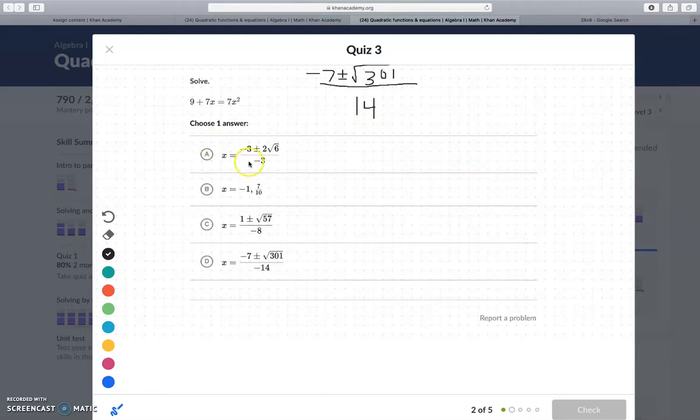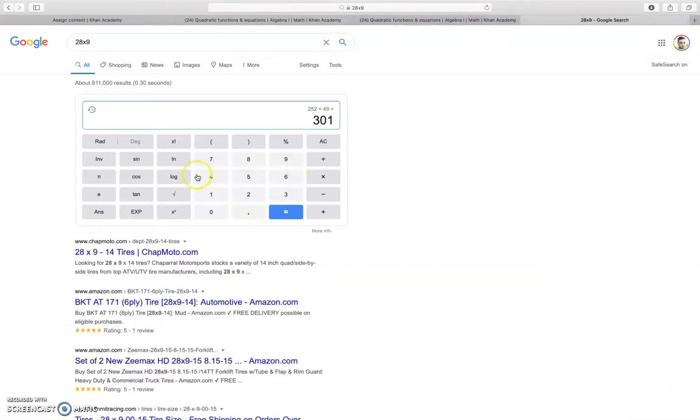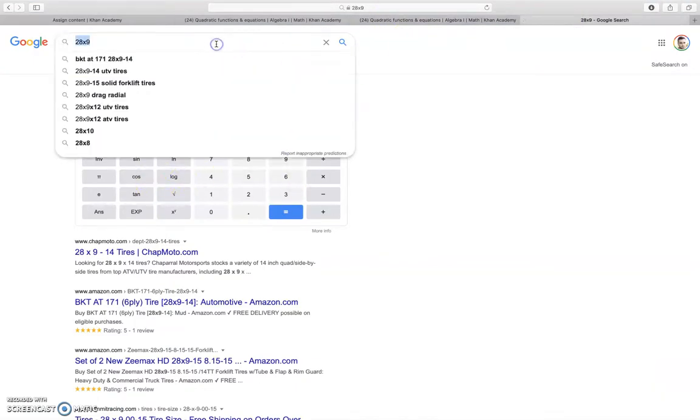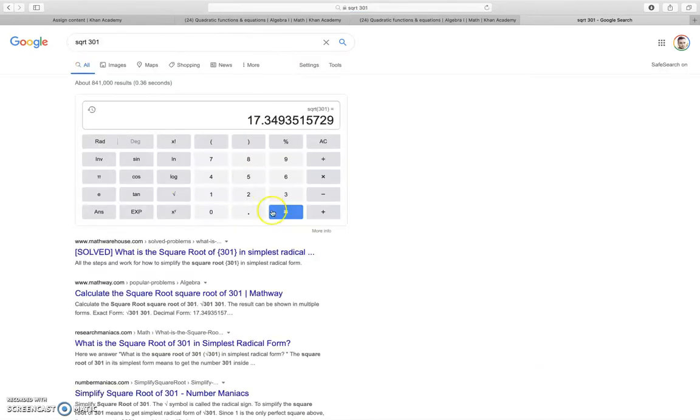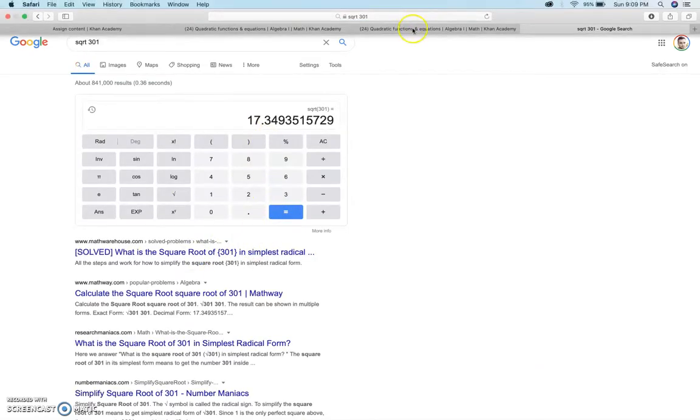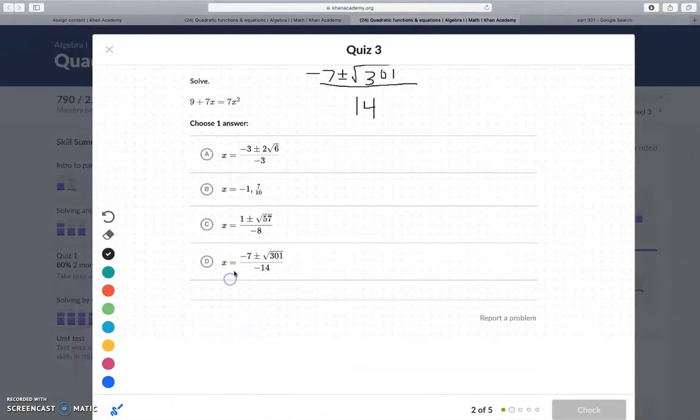So right off the bat, I know it can't be this because 7 and 14, I'm not going to be able to divide that to get a 3. But just to make sure, let's square root this. Square root 301. It's possible that we can simplify it, but probably not. Nope. So I'm pretty sure it's just going to be this, okay?